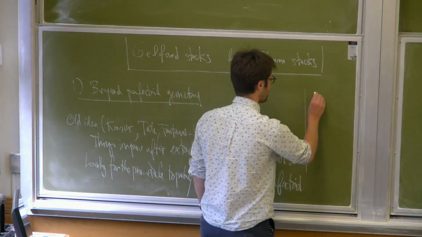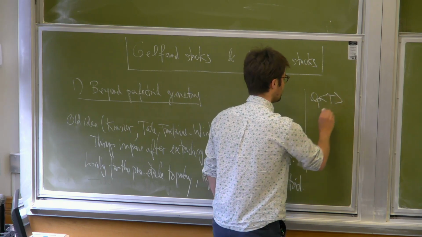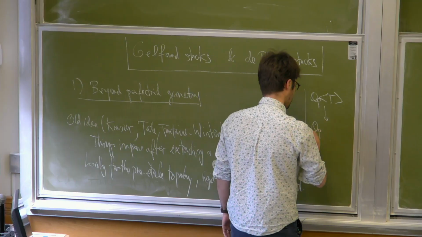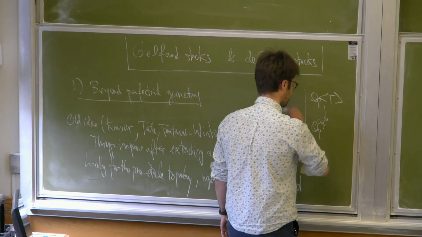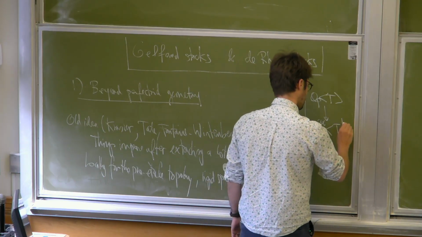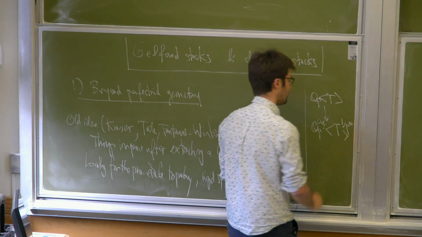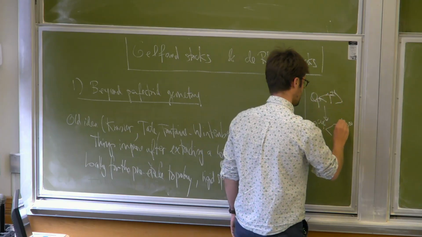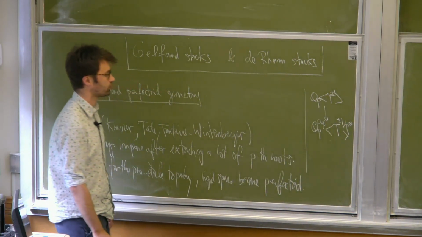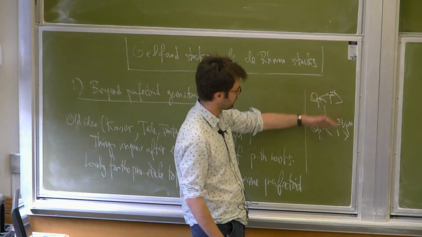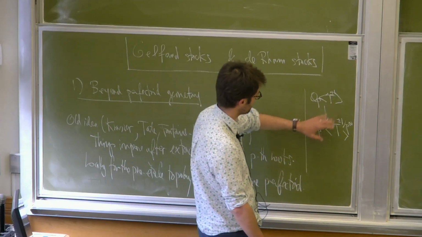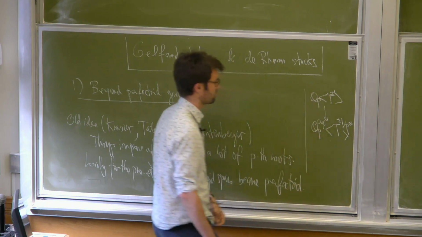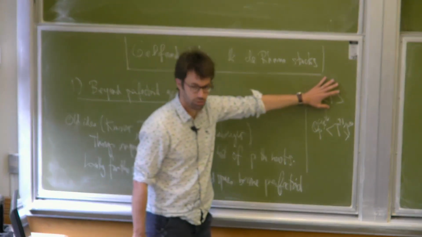And maybe the typical example is if you take the Tate algebra in one variable over Q_p, or maybe I want to take the rigid analytic torus, then first you make the base field perfectoid, for example, by going to the cyclotomic extension, and then you also extract p-power roots of the variable. So that's a typical example of a perfectoid cover. It's even Galois in this case, with Galois group some product of Z_p's.